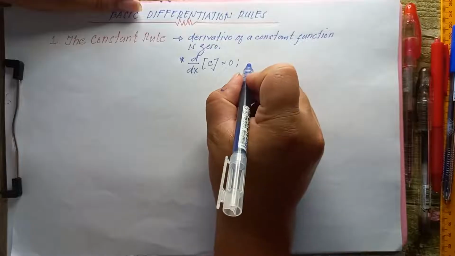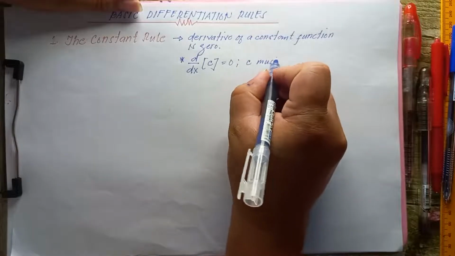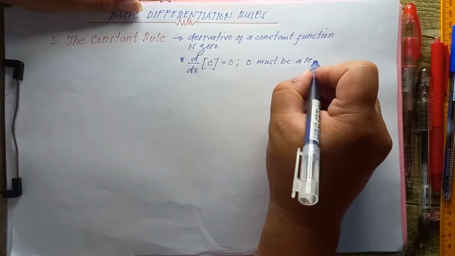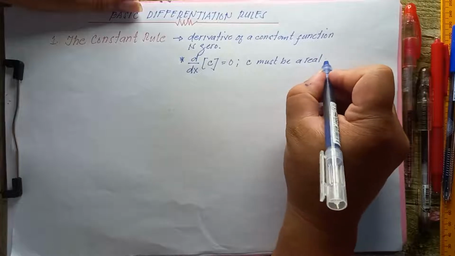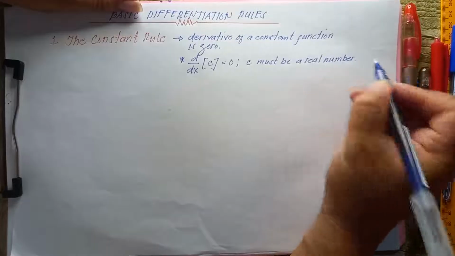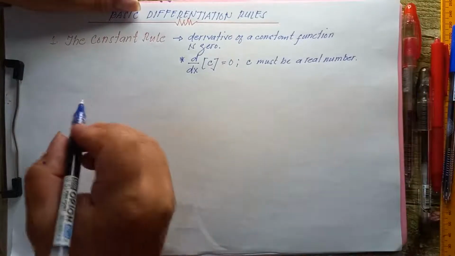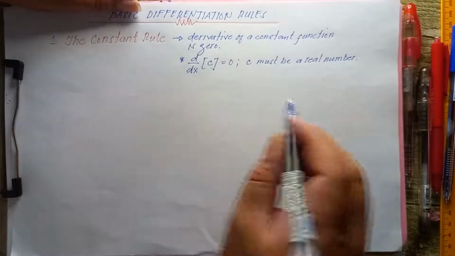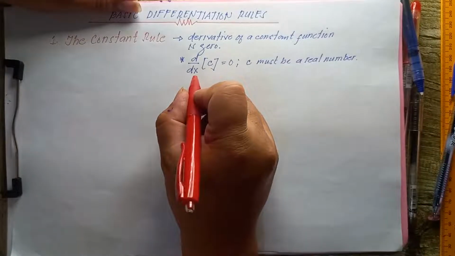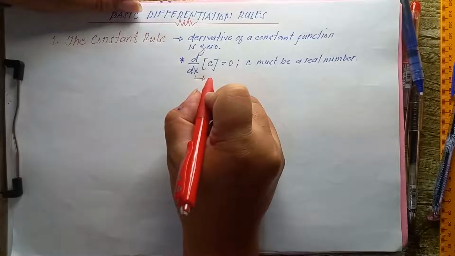Now mind you, the c must be a real number so that we can derive the constant. Now you might be asking, what is the meaning of d over dx? The d over dx symbolizes an operation, or this is considered to be an operator.